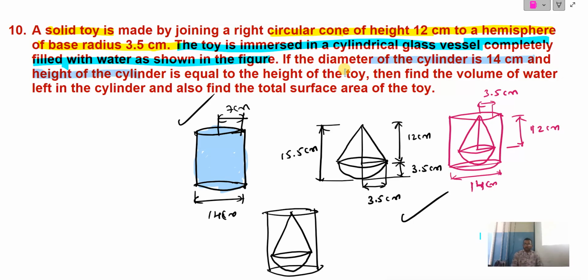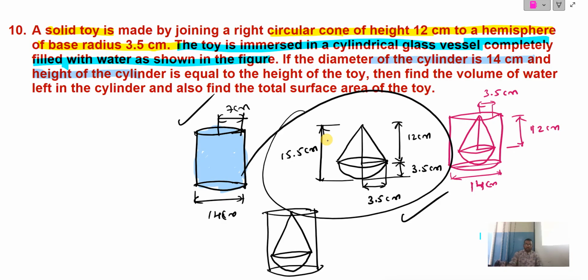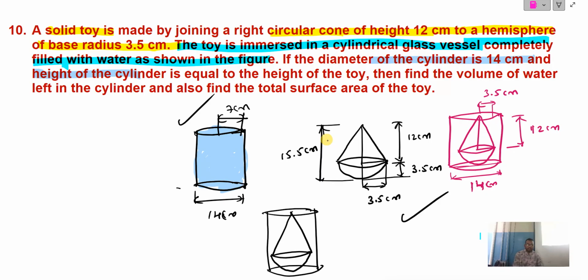Okay. Now what we have to calculate? Find the volume of water left in the cylinder. So how to calculate how much amount of water is left in the cylinder? First we have to calculate the volume of cylinder and the volume of toy. From volume of cylinder, remove volume of toy. The remaining volume is the water present. Simple.